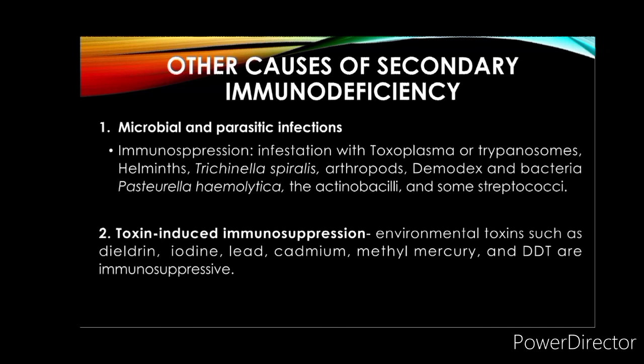Next, we have toxin-induced immunosuppression. Environmental toxins such as dieldrin, iodine, lead, cadmium, methyl mercury, and DDT are immunosuppressive.